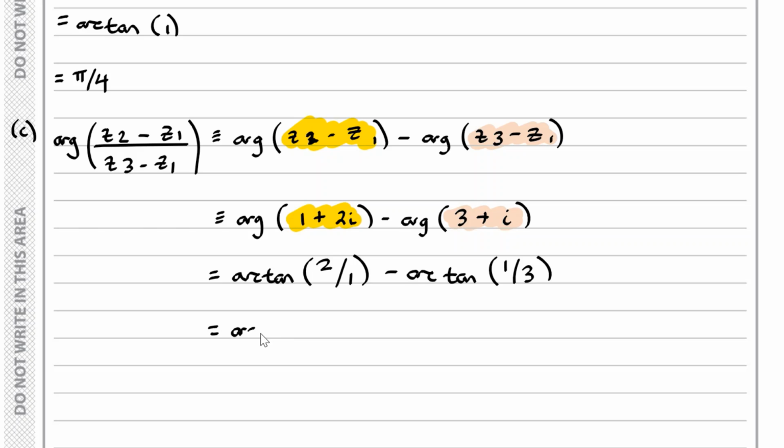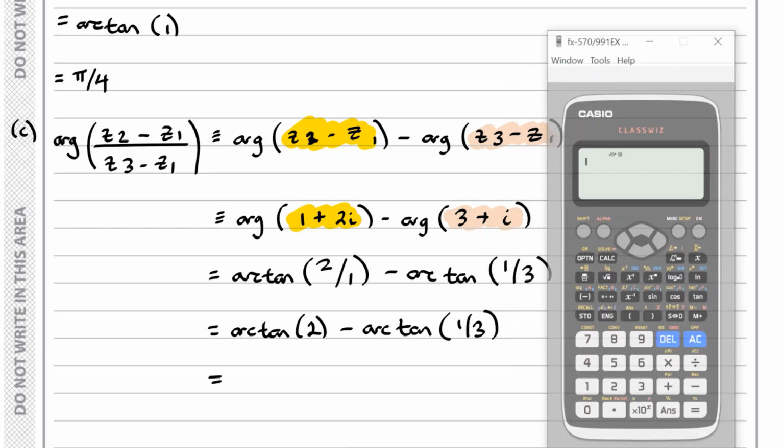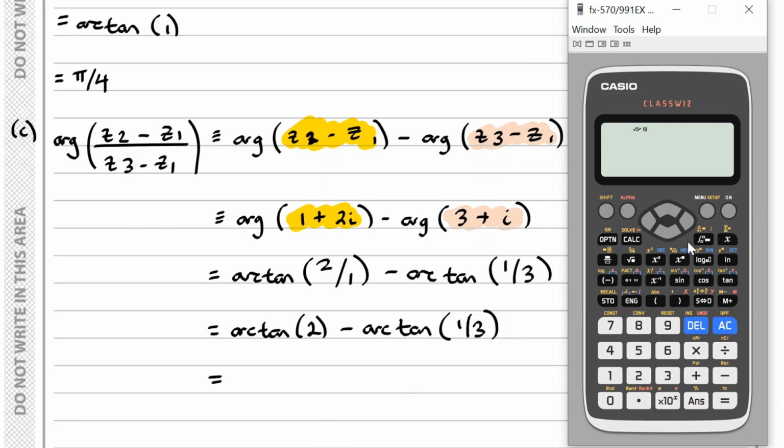So we have the arctangent of 2 minus the arctangent of 1/3, which of course, if we work this out, switch to radians, we have the inverse tan of 2 minus the inverse tan of 1/3. We get pi over 4. Okay, and that's essentially it.